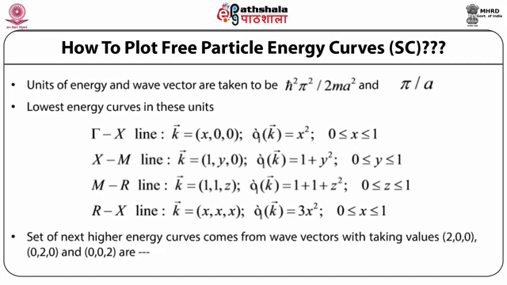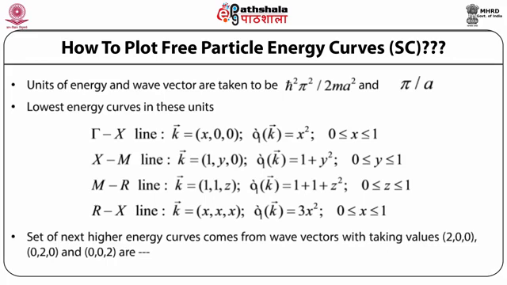Now in these units, the lowest energy curves are, first, the gamma X line. The gamma X line indicates that the k vector is (x, 0, 0), while the kinetic energy is x square, where x lies between 0 and 1. Correspondingly, the XM line indicates that the k vector has components (1, y, 0), while the energy is 1 plus y square, where again y lies between 0 and 1.